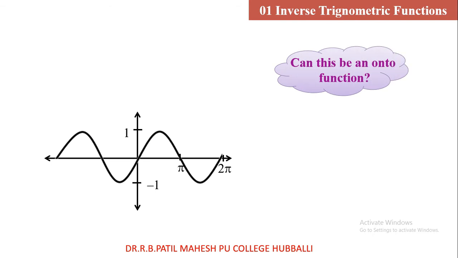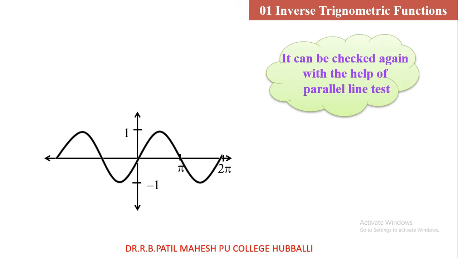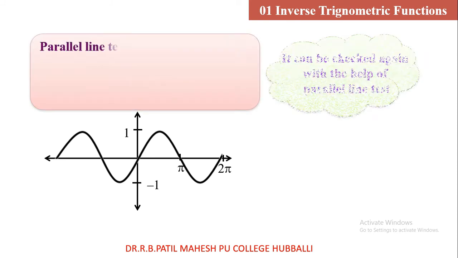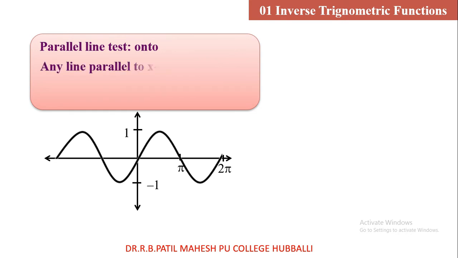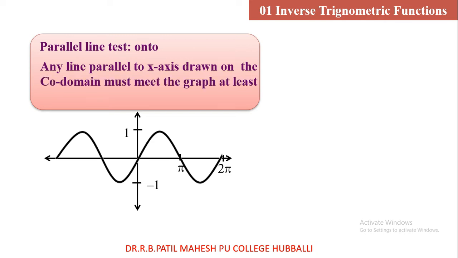Now, can this be an onto function? Again, for this, take the help of the parallel line test. What is the parallel line test for onto? Concentrate. The parallel line test for an onto function is: any line parallel to the x-axis drawn on the codomain must meet the graph at least at one point.